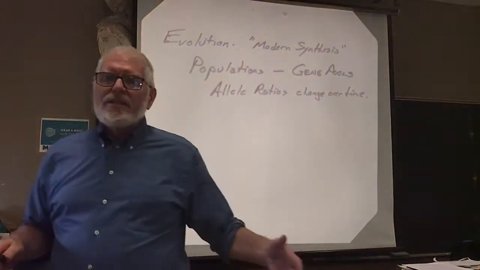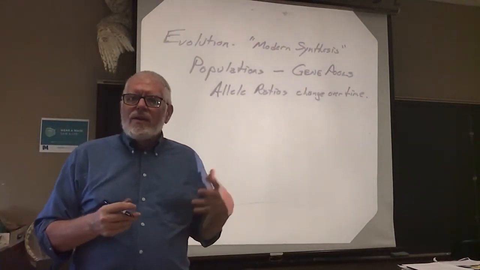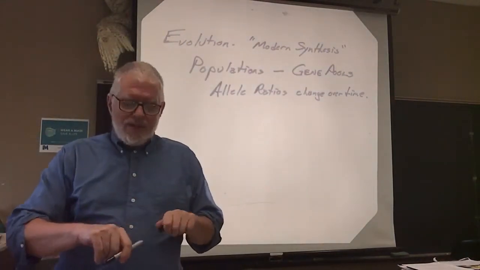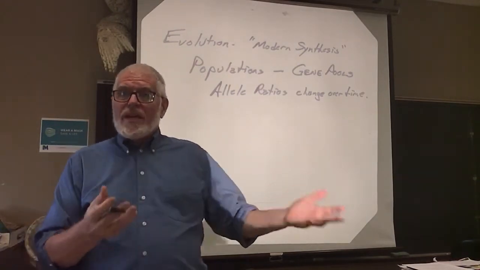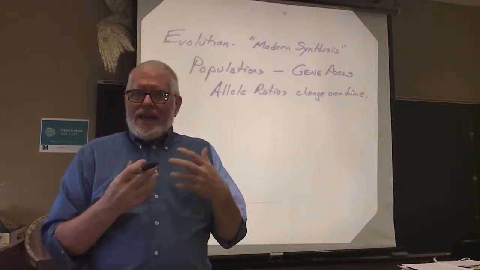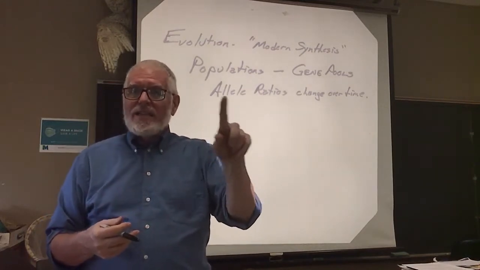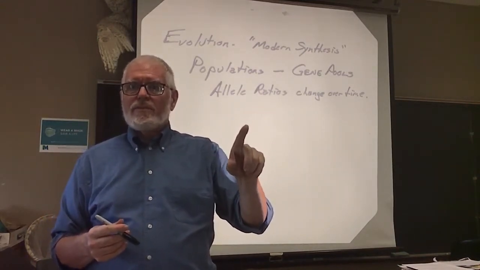So conditions change and one feature becomes advantageous. In order for it to work evolutionarily, it needs to be inheritable. In order to be inheritable, it's connected to certain allele ratios.